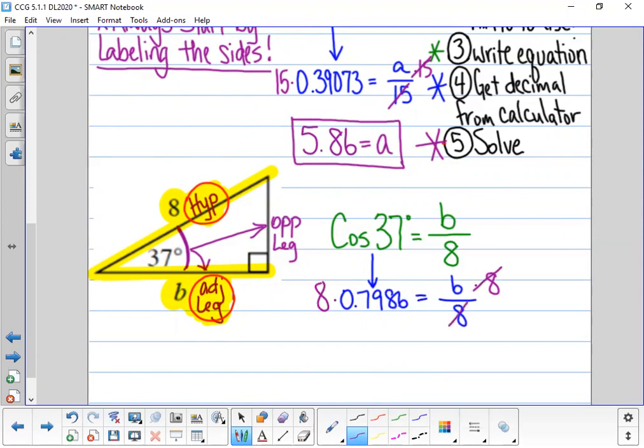And since I kept the cosine of 37 in my calculator without clearing it, I can just do times 8 and it'll pull that answer down and gives me 6.38908. I'm going to round it to 2 places. So 3, 8, and then the number to the right of 8 is 9. So that means I got to round that 8 up. So it's going to be 6.39 equals b. And there is my answer.